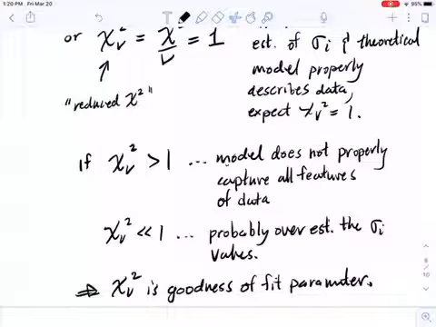Remember when we were doing this Taylor series expansion of chi-squared, we had three unknown parameters. One was chi_0 squared, which is the true minimum. Now what we'd like that to be equal to, if our fit is good, is the number of degrees of freedom, the number of measurements n minus the number of parameters.